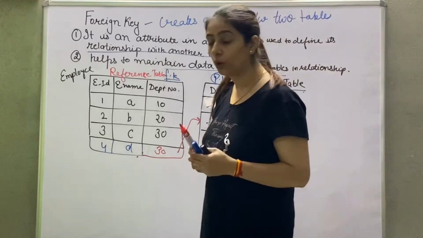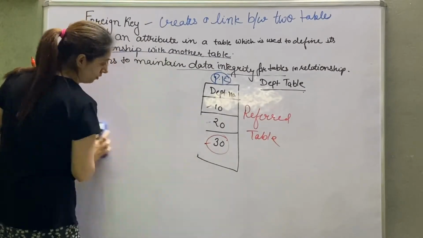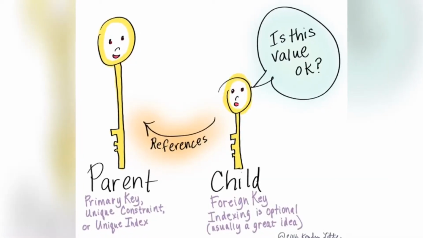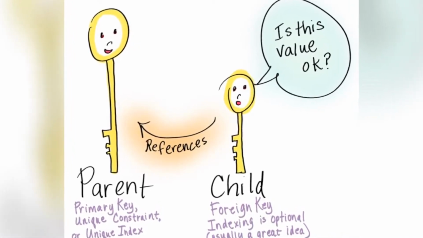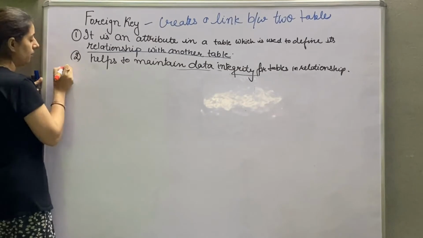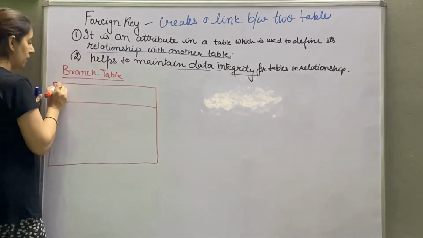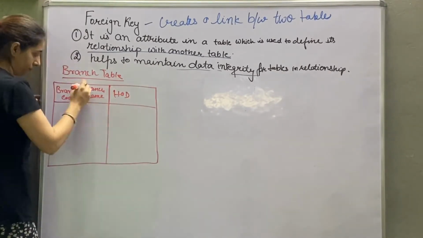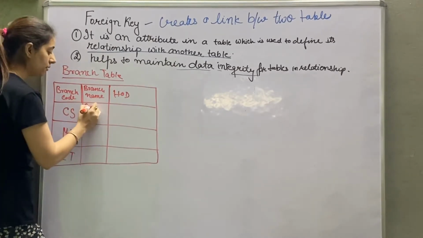Let's create a branch table here and add a few records in this table. This is my branch table. I am adding branch code, branch name and HOD.